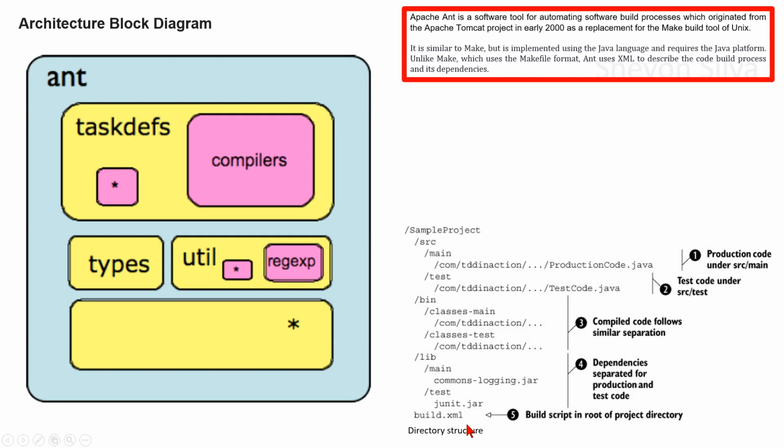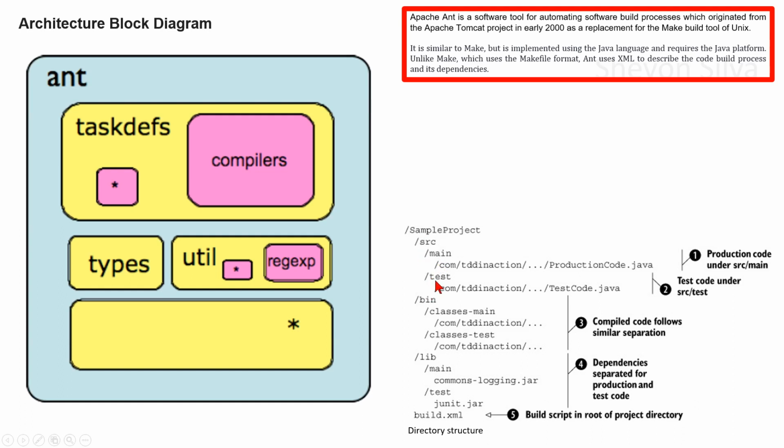Consider the relatively simple directory structure depicted here. Our source code is split into two directories, src/main and src/test.